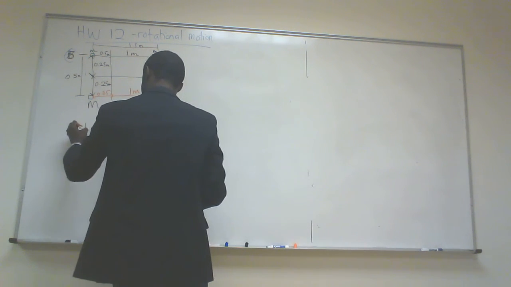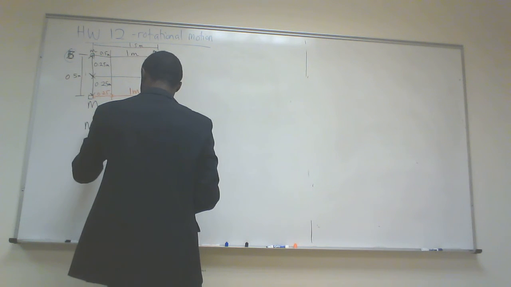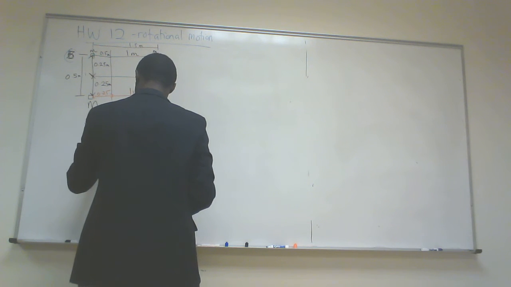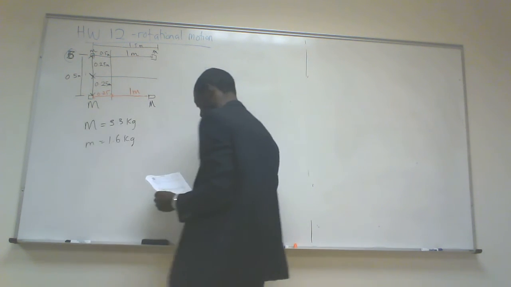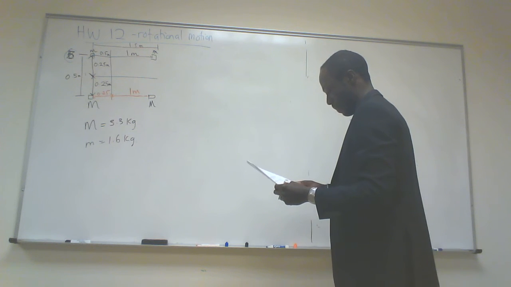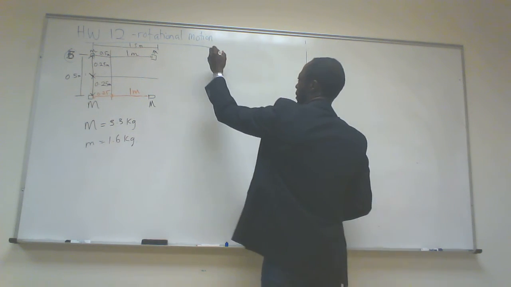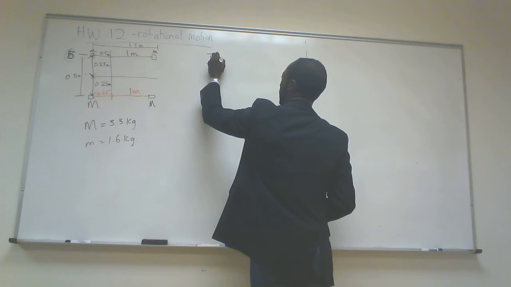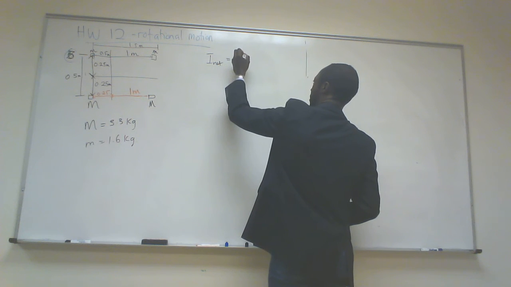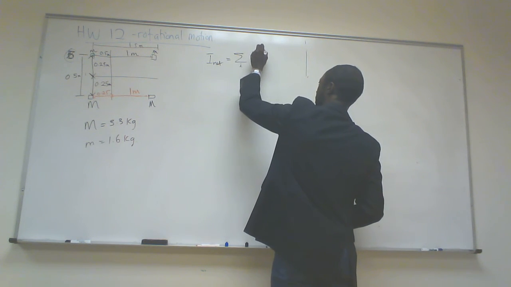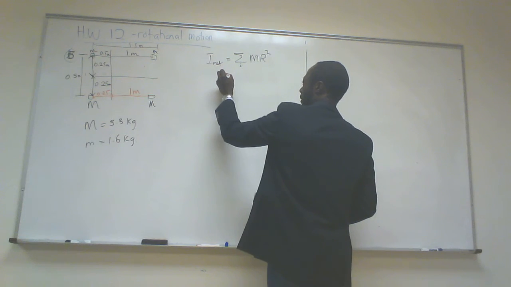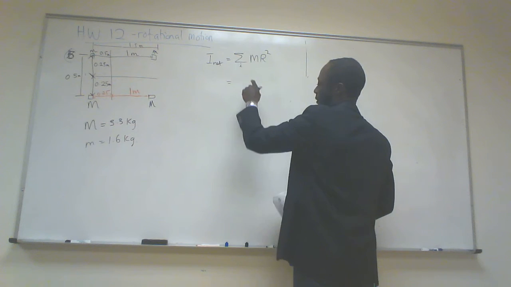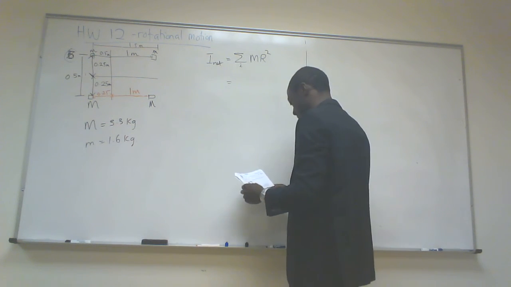And we're told that big M is equal to 3.3 kilograms, and little m is equal to 1.6 kilograms. All right, so for point particles, I net is the sum of the masses times the radius squared. So we'll have to multiply the masses of each of the objects by the distance to the vertical axis.